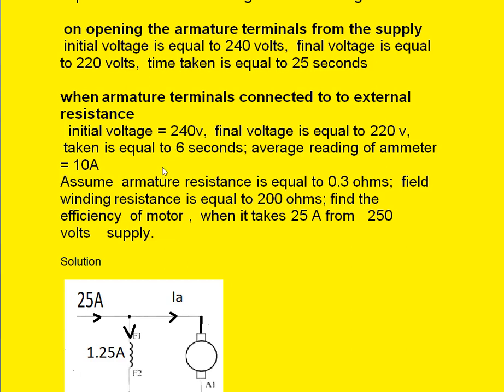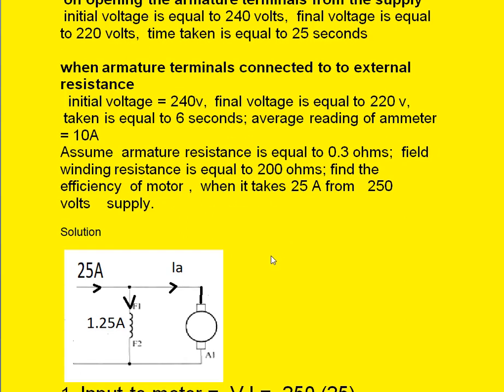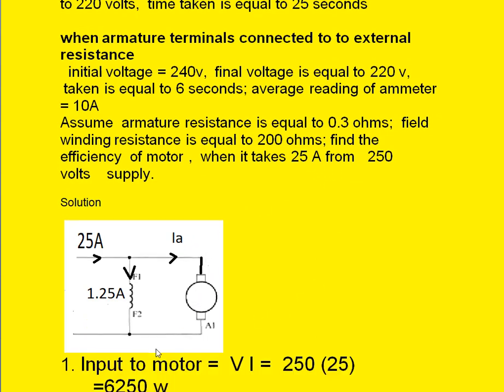When the problem is like this, if you do not know the retardation test results and the formula, then what we can do is, with this data, we can calculate the input to the motor, and also the copper loss in the motor. Here we know the input voltage, that is 250 volts, and the input current, that is 25 amperes.